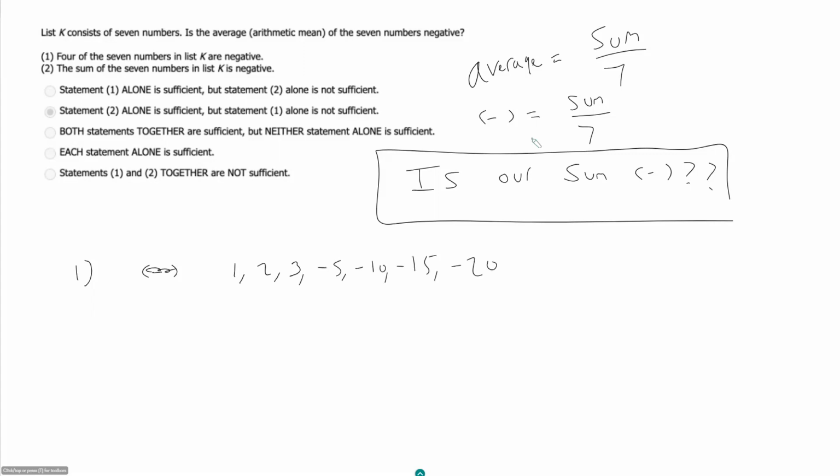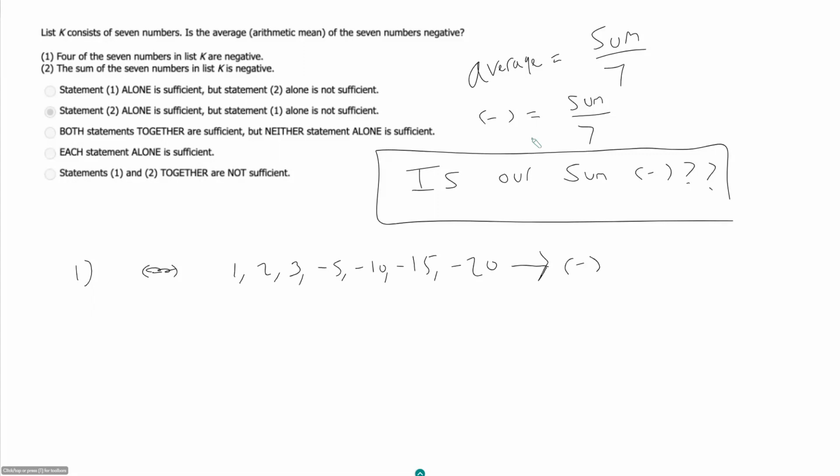So what we're saying is, just because you have more negative numbers in your list does not necessarily mean your sum is negative, because you need to know something about the magnitude of those numbers. So in this case, when we add our numbers together, we're certainly going to get a negative sum.